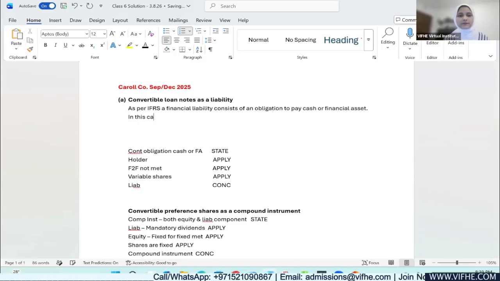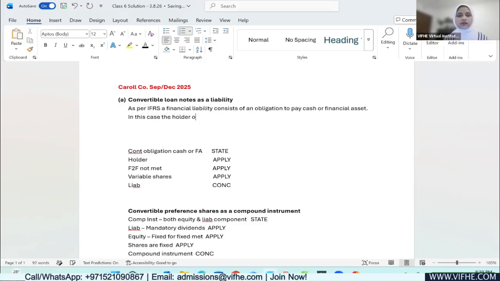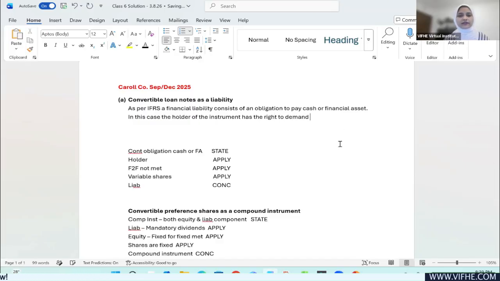In this case, the holder of the instrument has the right to demand.